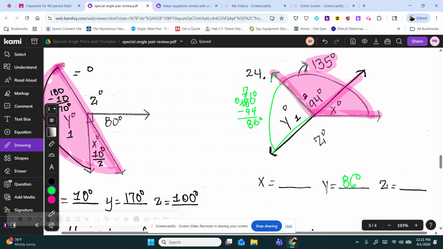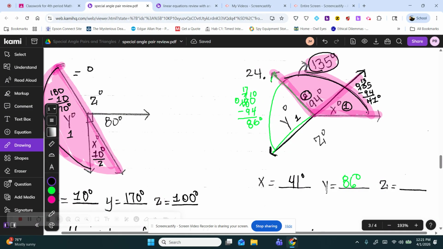However, that large angle is made up of this angle and that angle, okay? So these two together make 135. So to figure out x, you just do 135 minus 94. And that gives you a degree measure of 41 degrees. So x is 41 degrees.